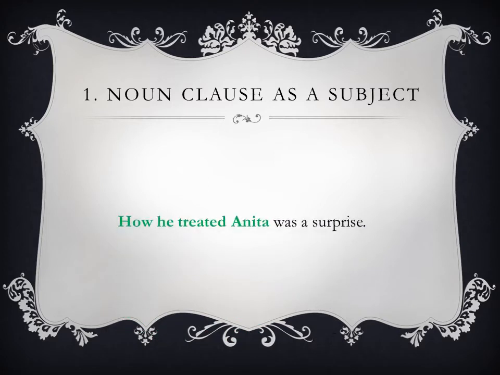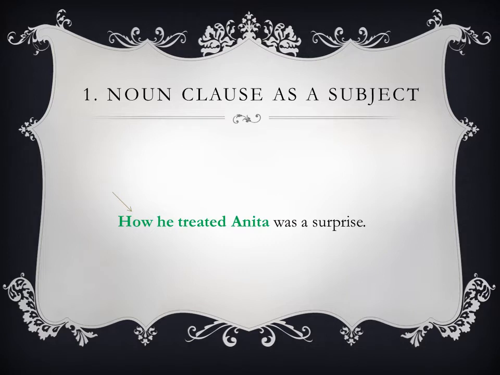Now let's see the example here. The sentence: how he treated Anita was a surprise. Okay, now pay attention to the clause that I give the green color: how he treated Anita.